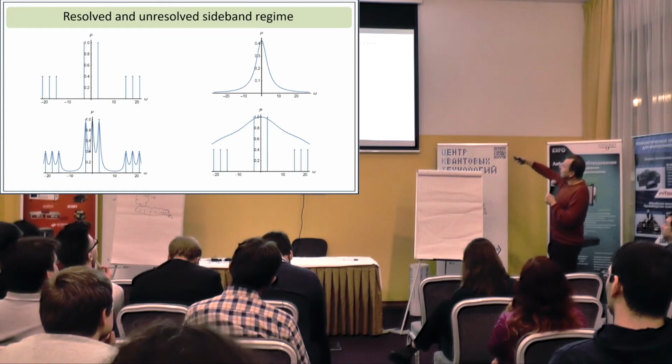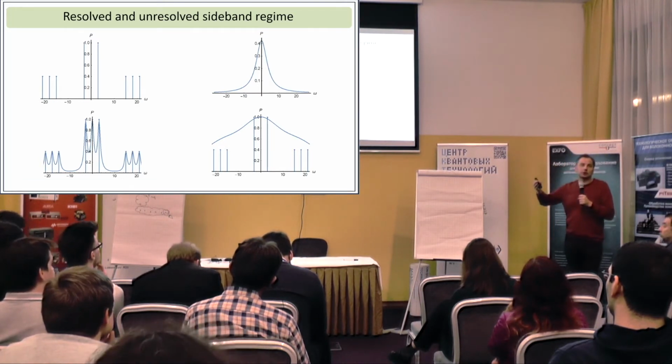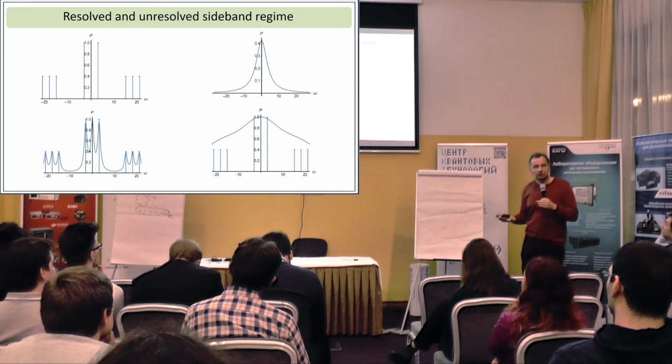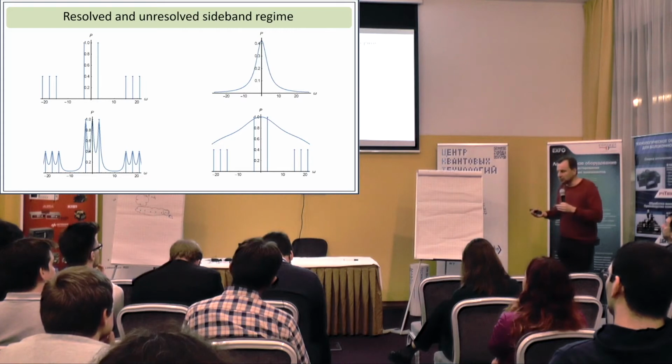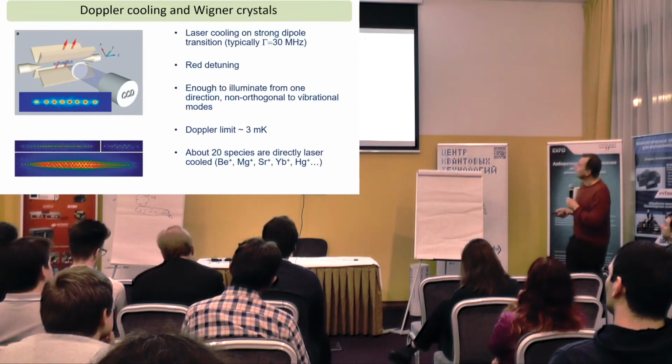If you work in unresolved sideband regime, it's very close to what we have in the regular situation in an optical trap for neutral atoms. So we can do Doppler cooling, but we cannot go further in this case. So there are two quite different regimes, and we should think about that.